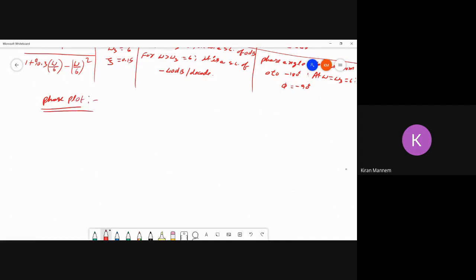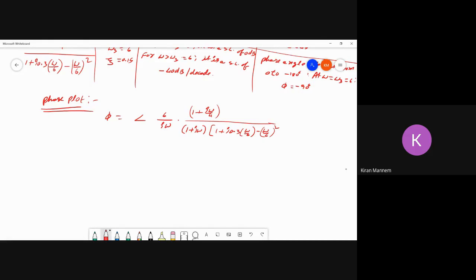Phase plot: phi is equal to the angle of 6 by j omega into 1 plus j omega by 4 by 1 plus j omega into 1 plus j into 0.3 omega by 6 minus omega by 6 whole square.